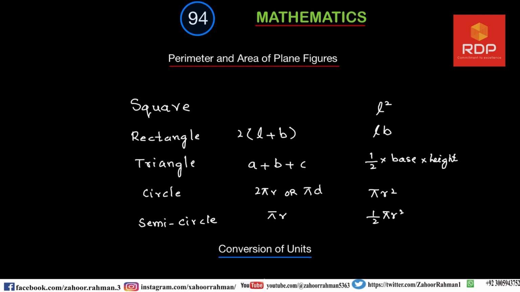So, if we want to find the perimeter, we want to find the length of the external lines.